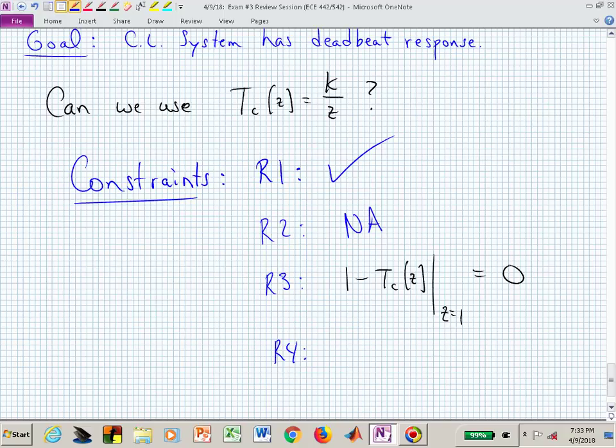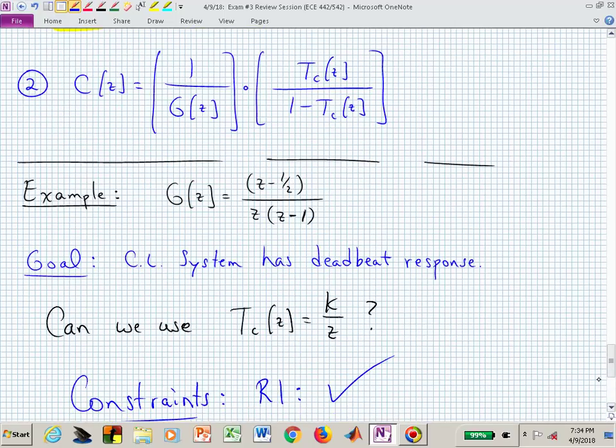Restriction 4. What was restriction 4? That's steady state accuracy. Did I specify that or request that in the problem? I said I want the system to have a deadbeat response. Didn't say anything about how accurate. So it could go to 5,000 when I hit it with a 1.